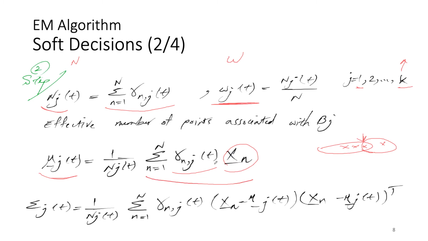The same thing goes with the covariances. So this is xn minus mu j of t, and this one is transposed, so you're talking about a vector space. You have to multiply it again by omega n of j at iteration t, and you're going to divide it by Njt. Right? Now this will give you the estimation of your mu and your covariance.